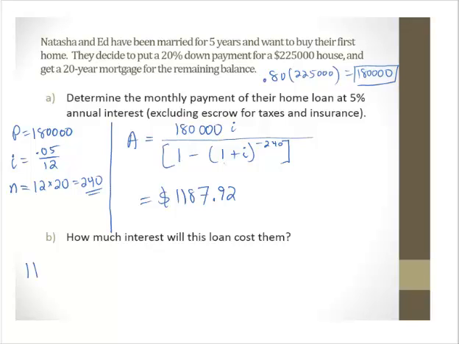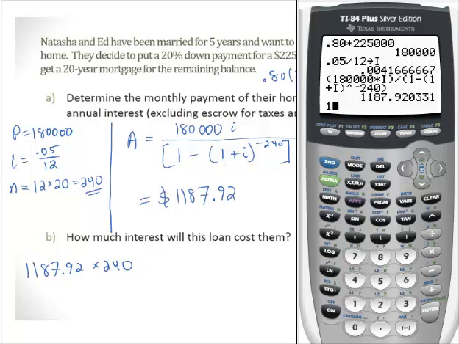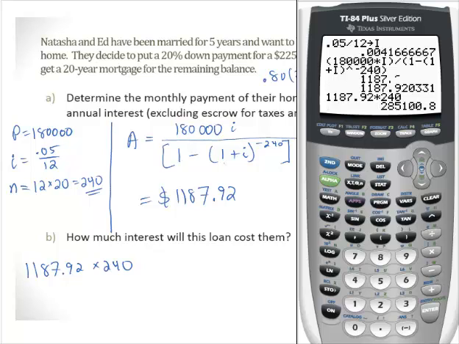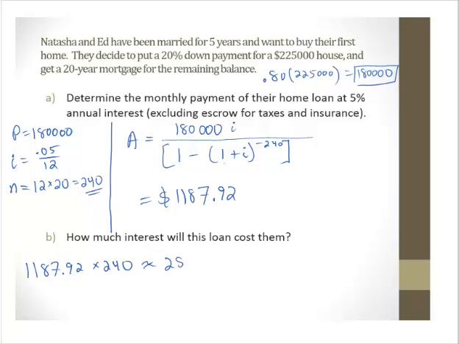So 1,187.92 times 240 payments, that's what, $285,100.80. Let's just round that to 285,100. So that's the total amount they're paying on a loan of $180,000.